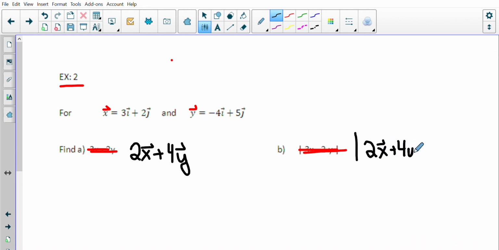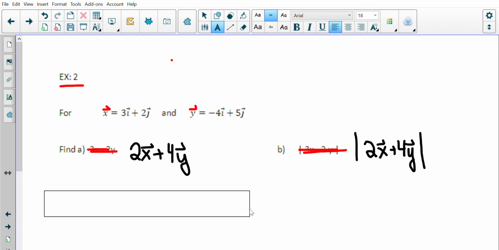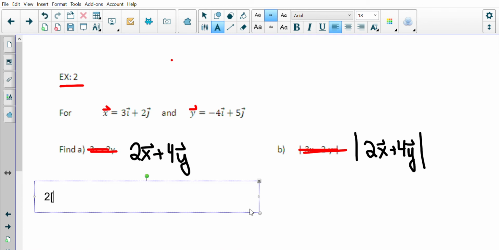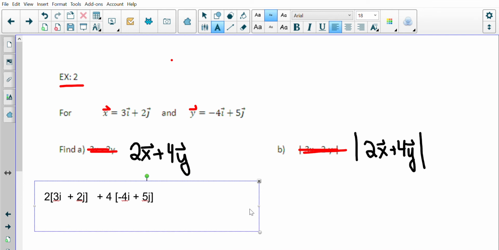But just like using polynomials in math, we can do the same thing with vectors. When I have two x's, that means I'm going to have 2 times x, which is 3i plus 2j. And then I've got to add 4y's, and y is negative 4i plus 5j. So I expand: 2 times 3i is 6i, then positive 4j.